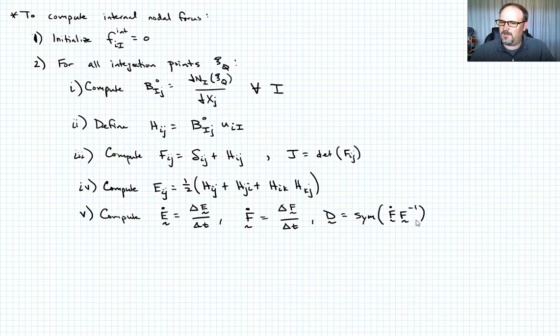So you can compute any of those quantities, and now that you have the relevant measure of deformation that you need, we can go ahead and compute the stress.